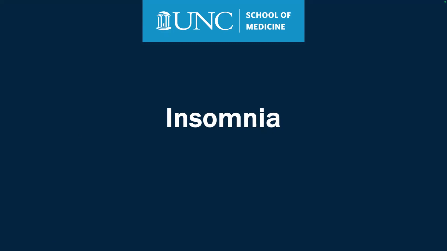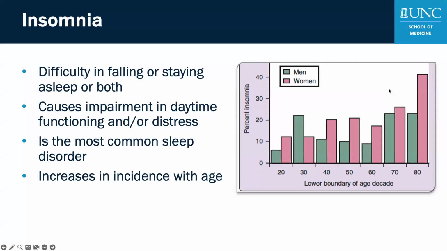All right, so I'll move on and talk about insomnia. Extremely common as well. Insomnia is difficulty falling asleep or staying asleep, or both. Lasting at least 3 nights a week, because we all experience a night of insomnia at least once in our life.